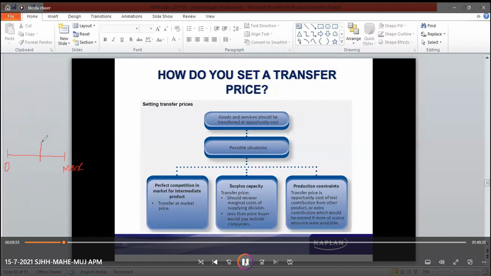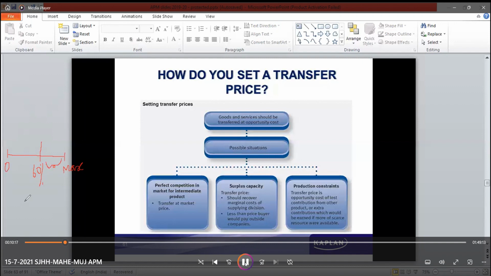For example, they may be operating at 60% capacity, with unused spare capacity, surplus capacity, of 40% available with them. At present, they are operating at 60%.